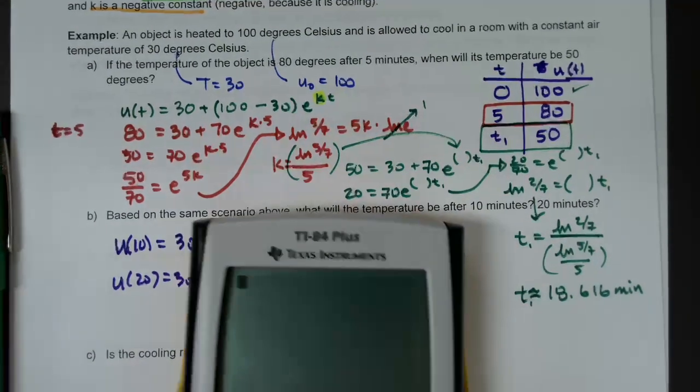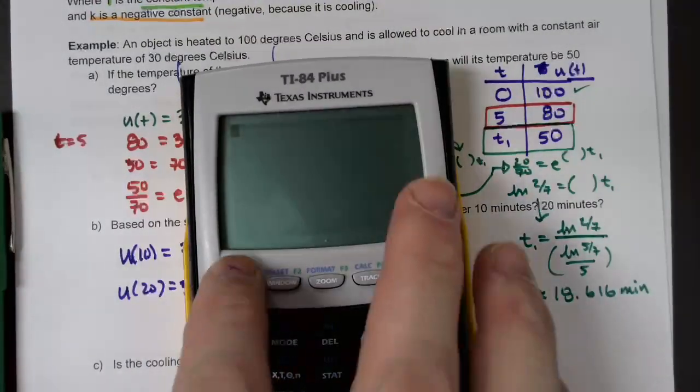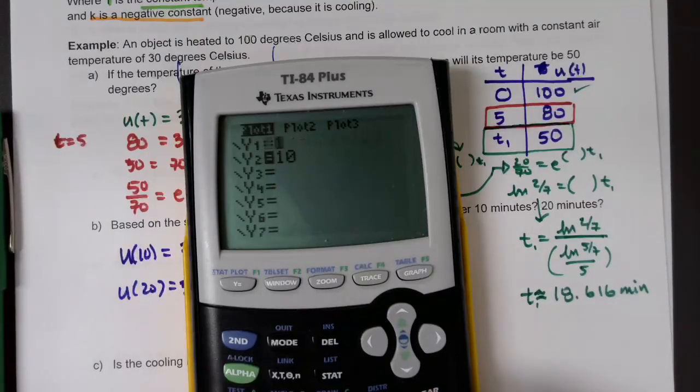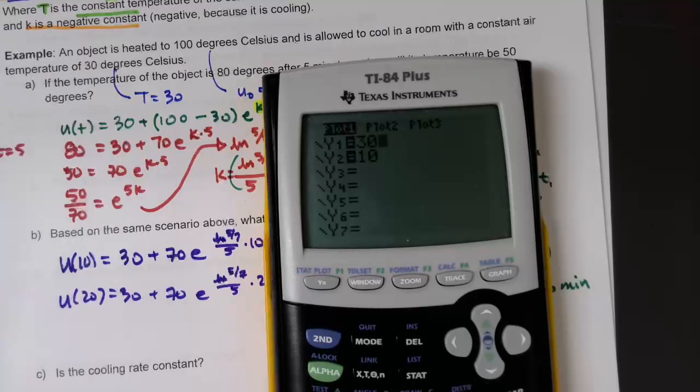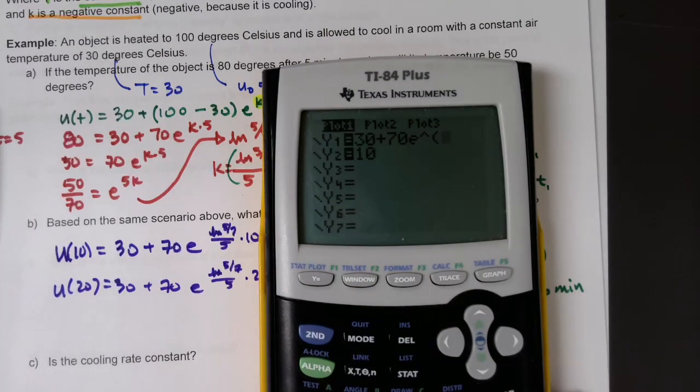And I think I'm going to go ahead and put this in the y equals, clear this out, and put it in as 30 plus 70, and then e to the, and again, I want to put this in here so you can see how many parentheses that we have.